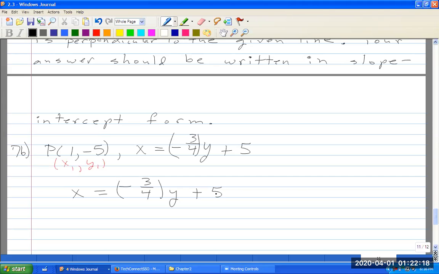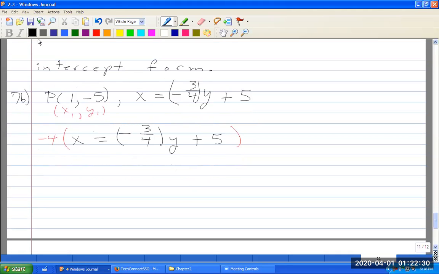So I want to find the slope of this line. Let me multiply both sides of my equation by negative 4. And so I get negative 4x equals 3y minus 20.